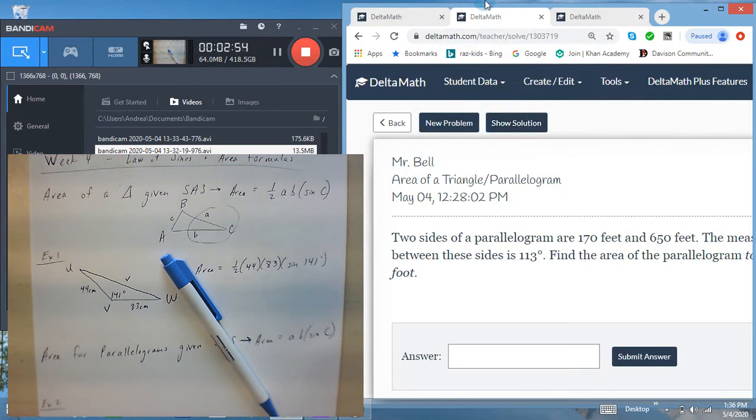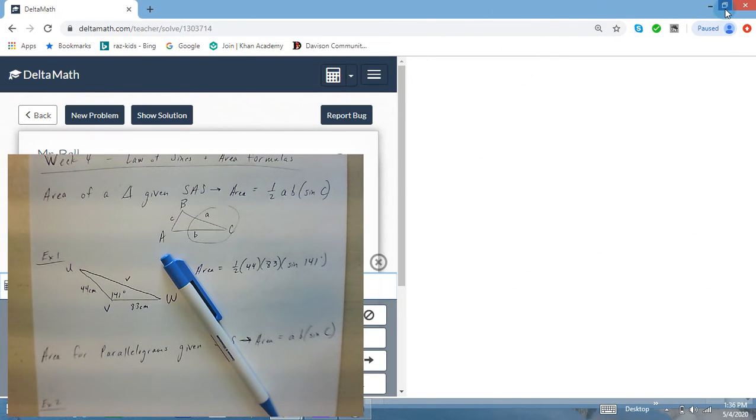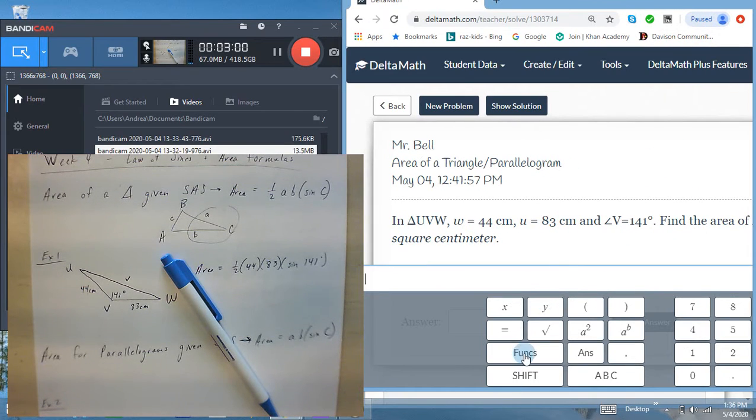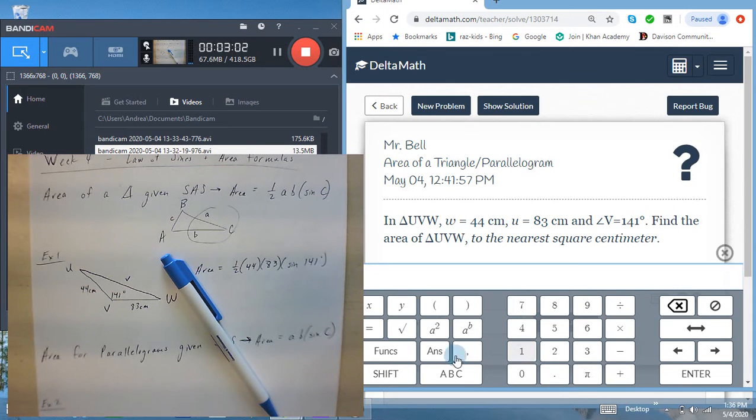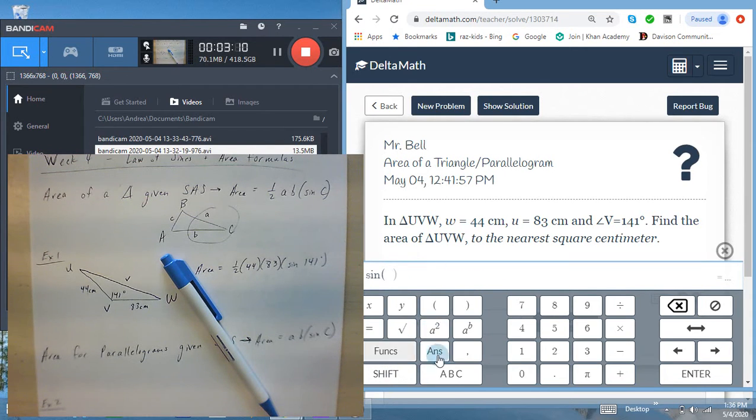All right, so if I want to do sine of 141, I need to hit this function button right here. So that function, I want to hit sine of, I'm going to hit back, 141. I'm going to close that angle, or maybe even right arrow to get out of that scenario.